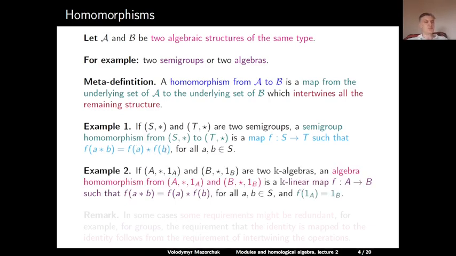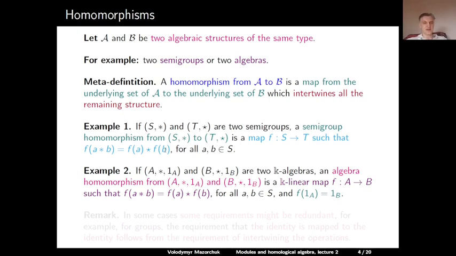Example 2. If A and B are two K-algebras, an algebra homomorphism from the first K-algebra A to the second K-algebra B is a K-linear map f from A to B. So A and B are K-algebras, so they are vector spaces over K. A natural notion of a map from A to B should be that of a K-linear map.